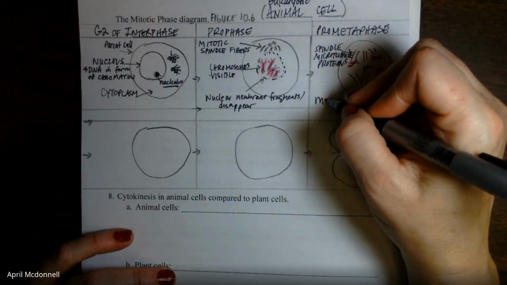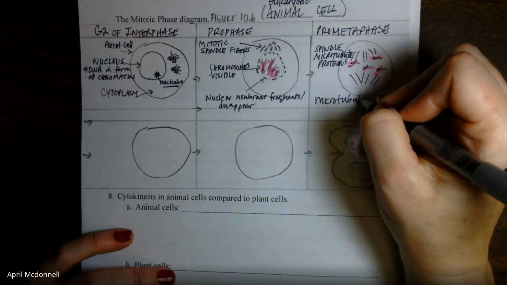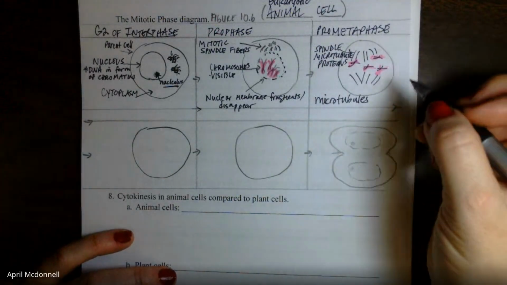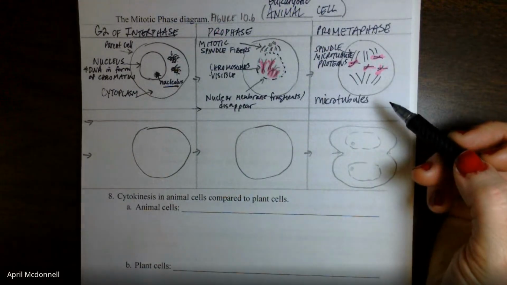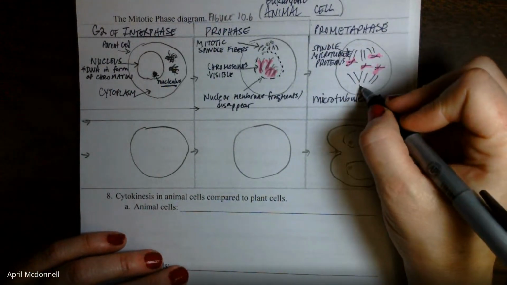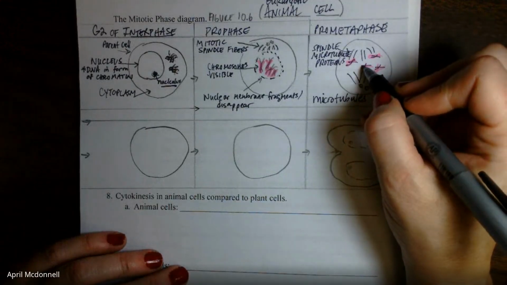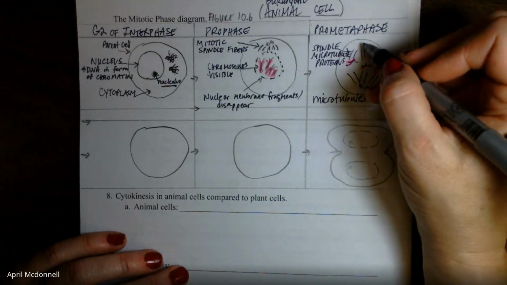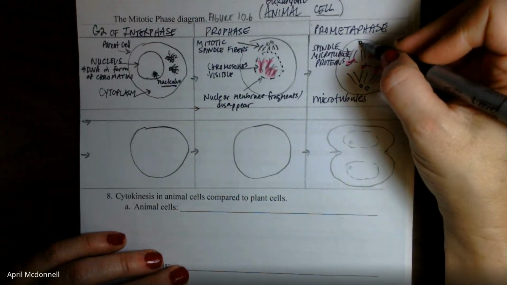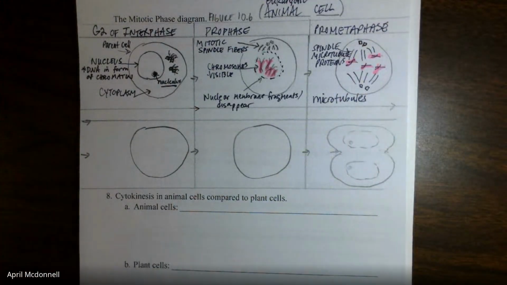That word is microtubules. And it's basically a type of protein which will connect to the chromosomes in order to organize them, to prepare the chromosomes to be pulled apart during physical cell division.